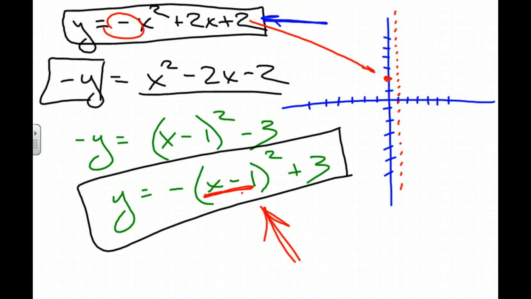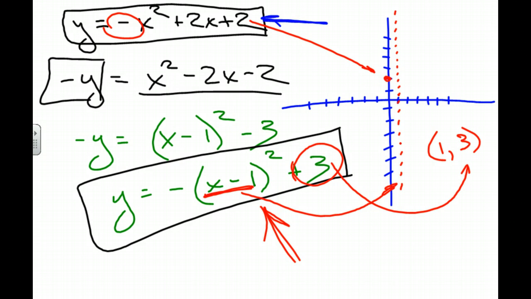Whatever makes that 0 is my axis of symmetry. This number here, I know that my x value is 1 for my vertex. My y value is this number. So at 1, 1, 2, 3, that point right there is my vertex. And it ends up being my maximum because it opens down.